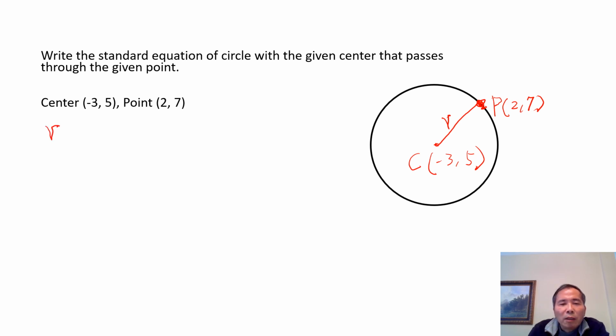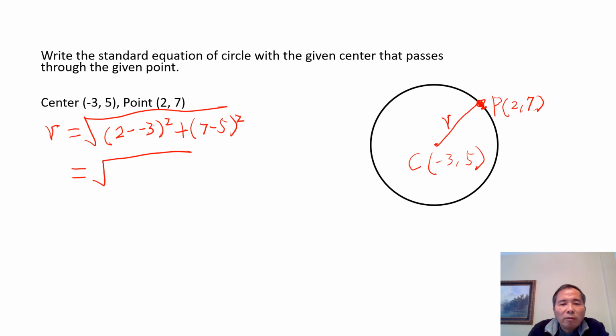We know the center, but we still want to know the radius. So the radius r equals the square root of (2 minus -3) squared plus (7 minus 5) squared. 2 minus -3 is 5, squared, plus 7 minus 5 is 2, squared.